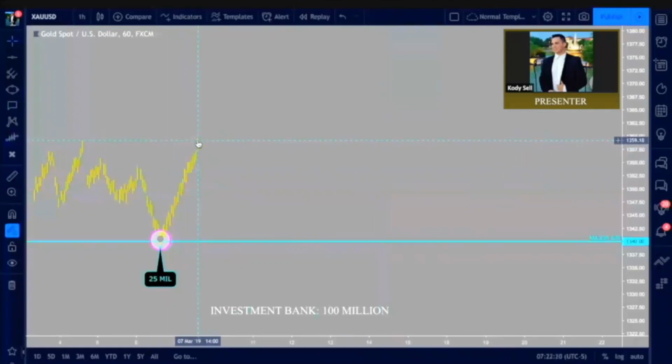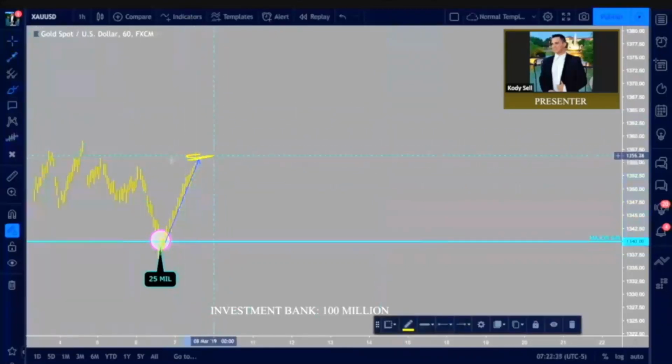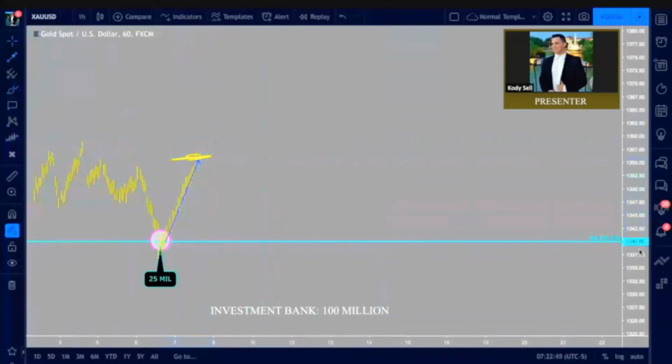Let's say price rises up right to this area. Okay, so price rises up to here. Now, here's the question. When price rises up to here, are we down here at 1340 anymore?